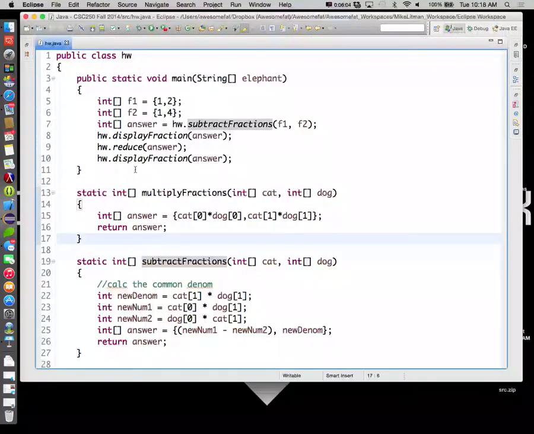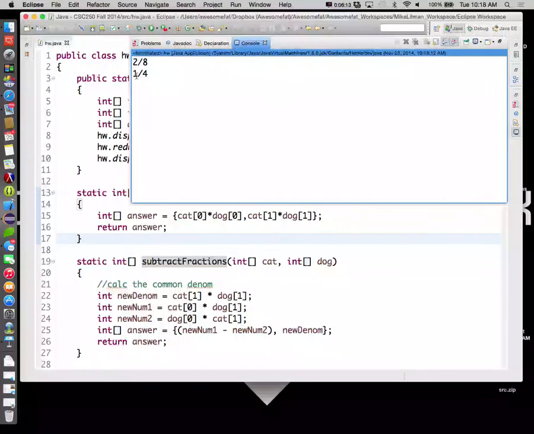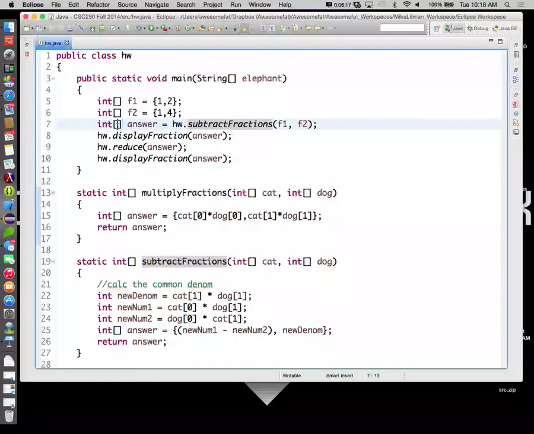So 1/2 minus 1/4, this is 4/8 minus 2. Okay, so it's 2/8. We got the right answer, right?